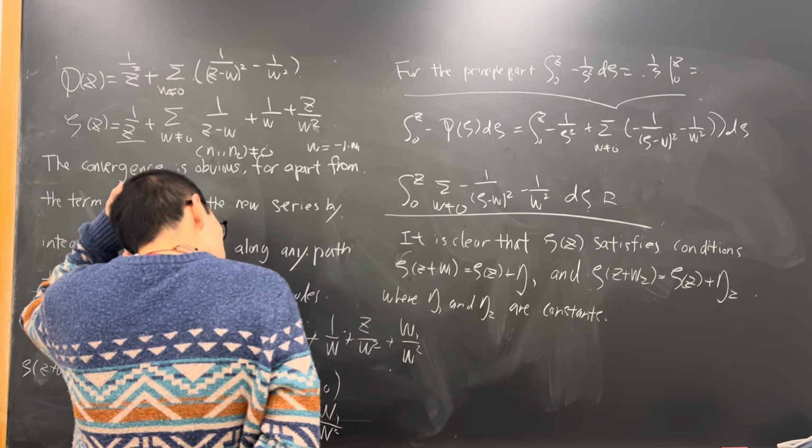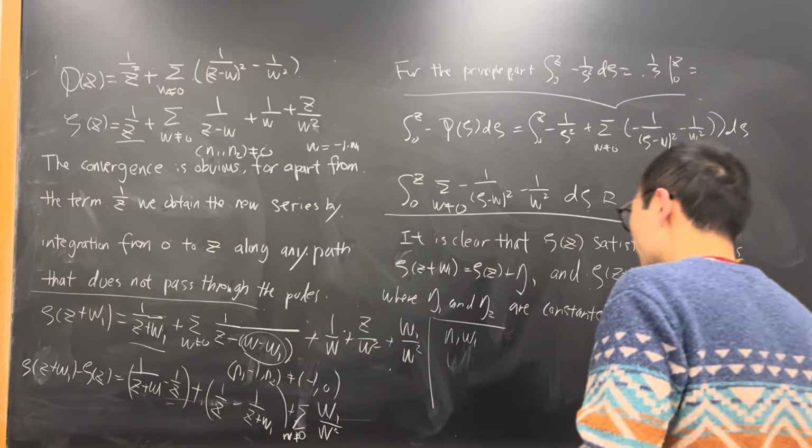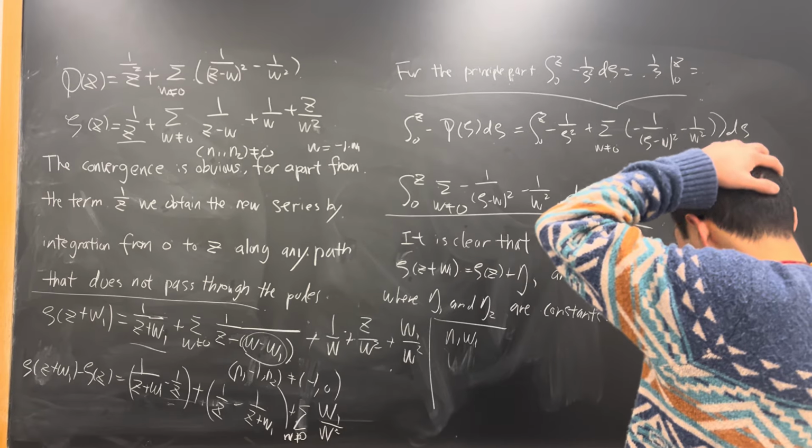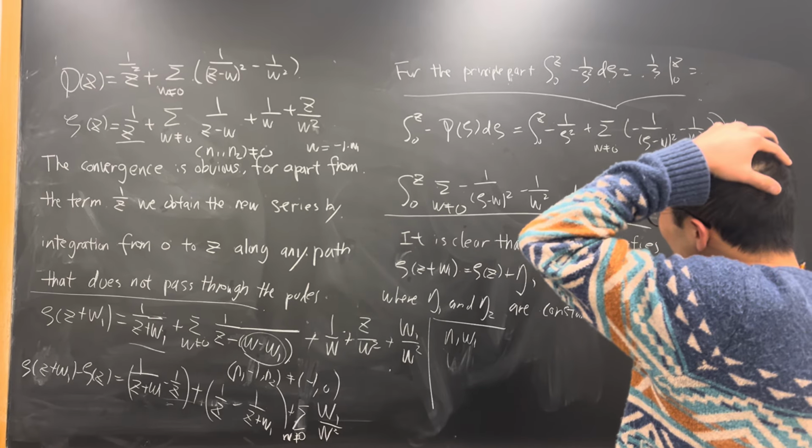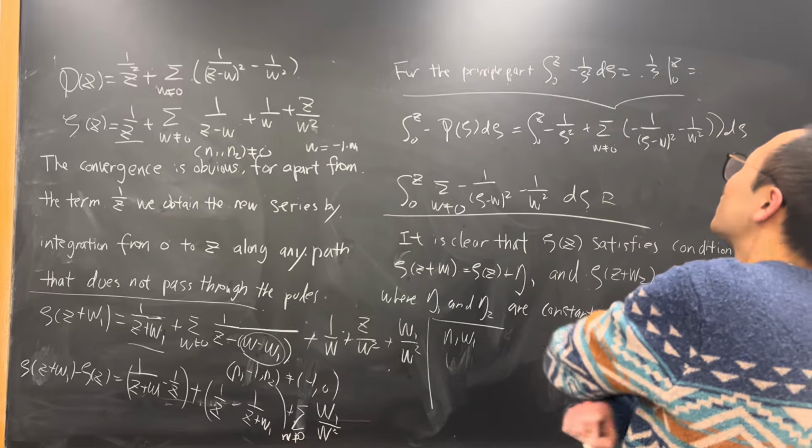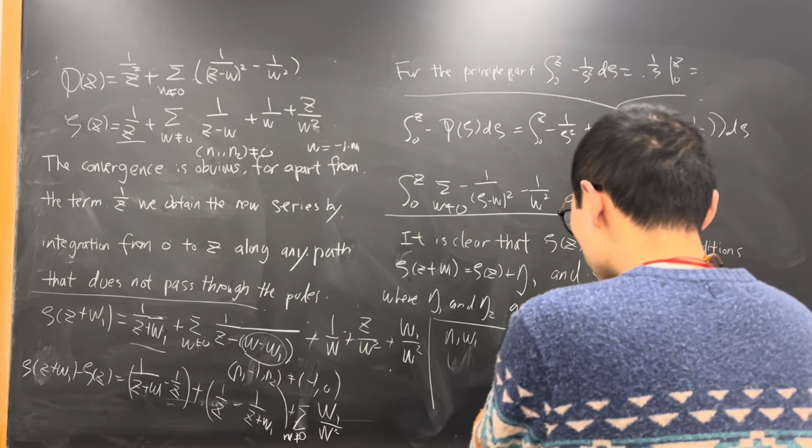So if we have, let's say, 1 over omega 1... wait, can we use the same argument?